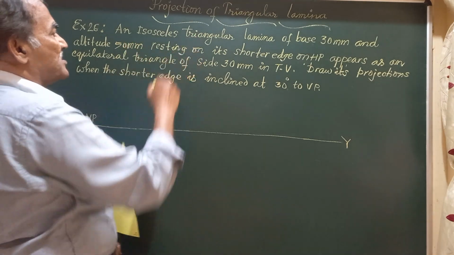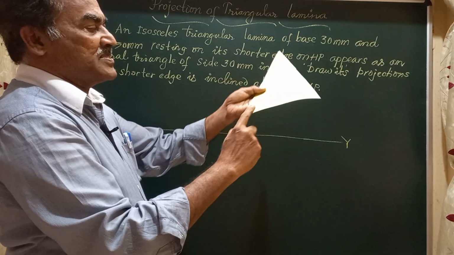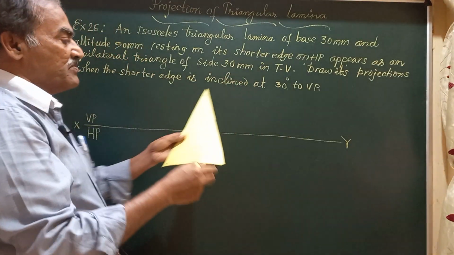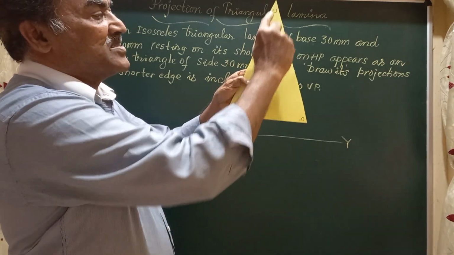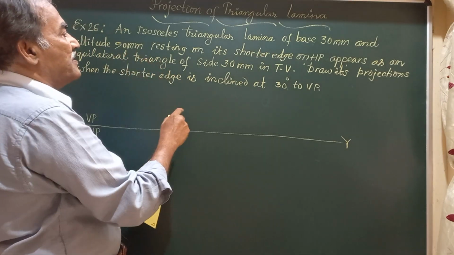An isosceles triangular lamina of base 30 mm, means that this base is 30 mm, and altitude 50 millimeter. Altitude means from this AB till this vertical height is called the altitude and it measures 50 mm.